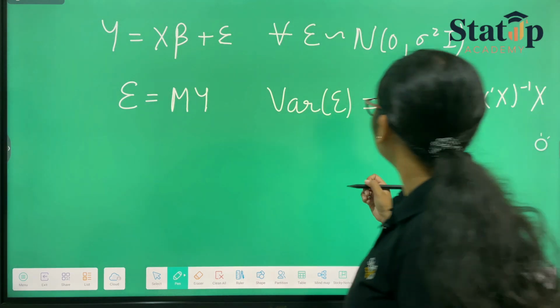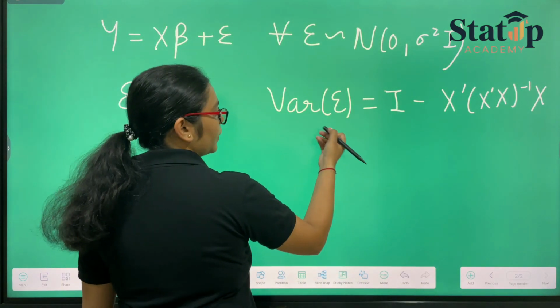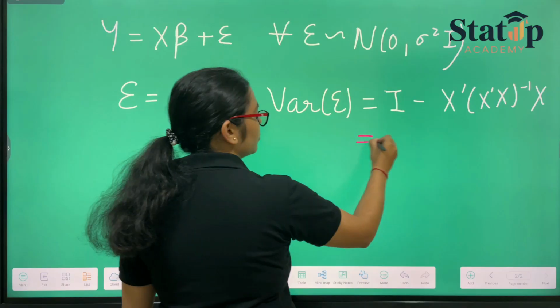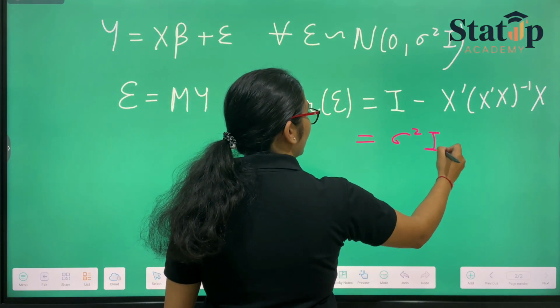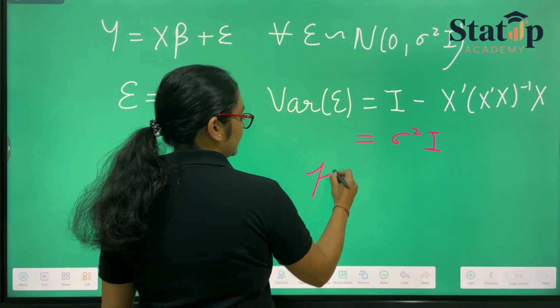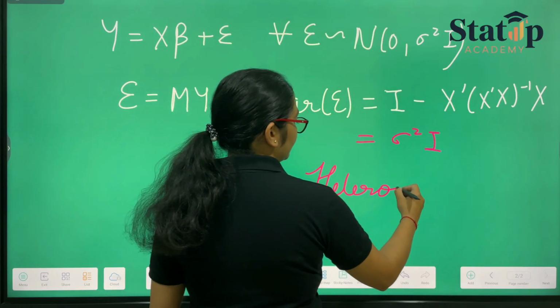Here we can see that the variance is not equal to sigma square I, and hence it is not homoscedastic, it is heteroscedastic.